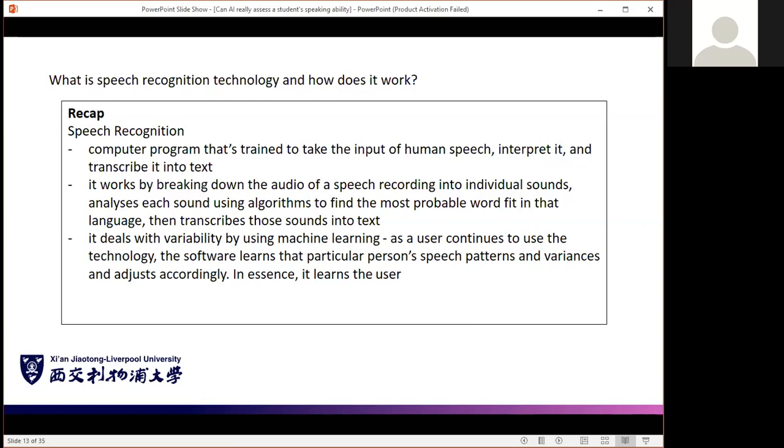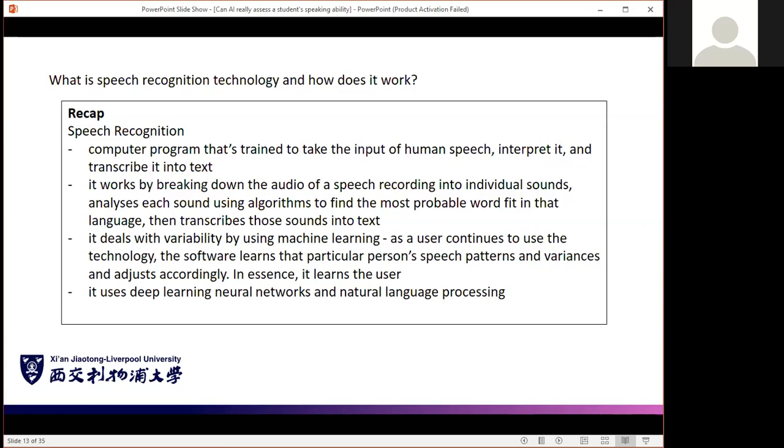It can't just mechanically work through and process the language. So as a user continues to use the technology, the software learns that person's particular speech patterns and variances, and then adjusts accordingly. In essence, it learns the user and learns from the user.